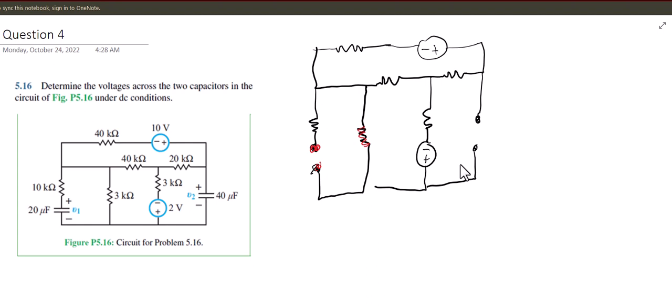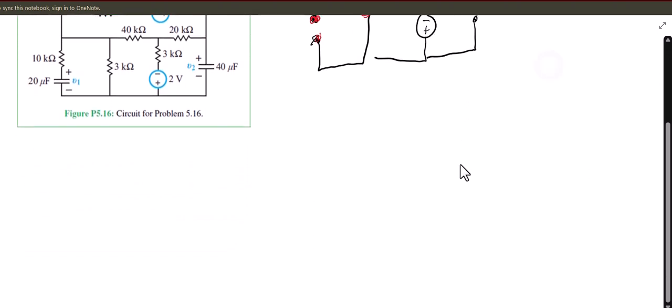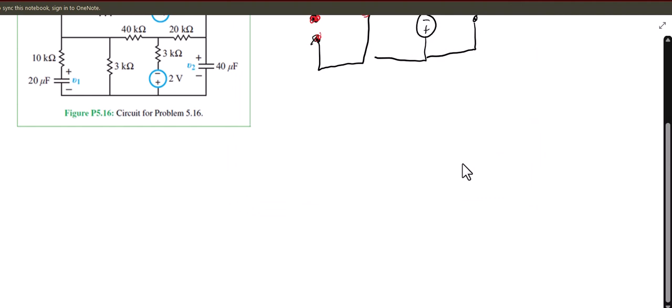We do have a complete circuit up here. So as a matter of fact, I'm going to redraw the circuit without the capacitors at all, just so we can see the parts that have current flowing. So this time I'm just drawing the parts that have current.